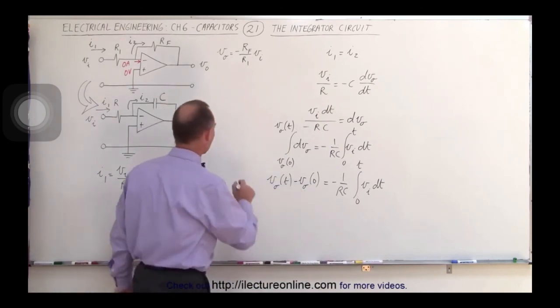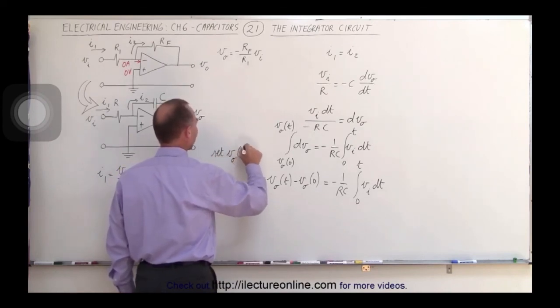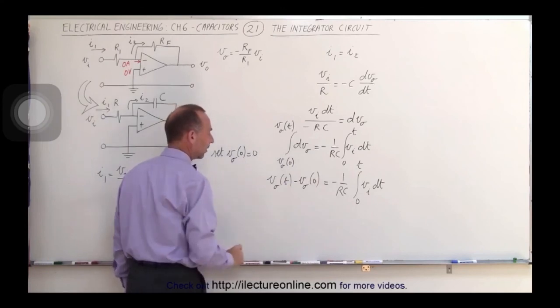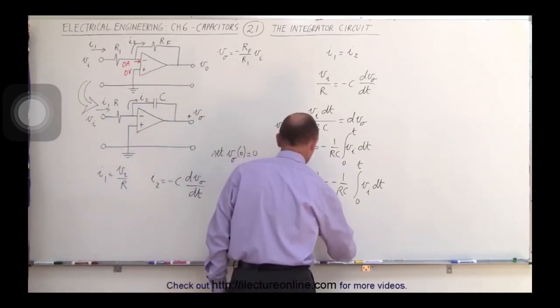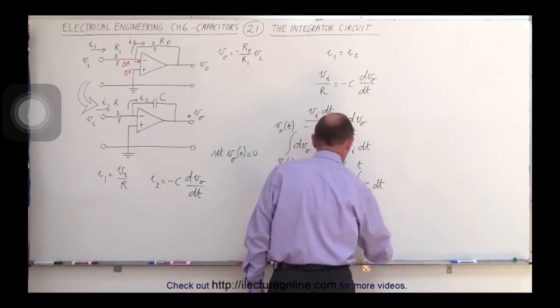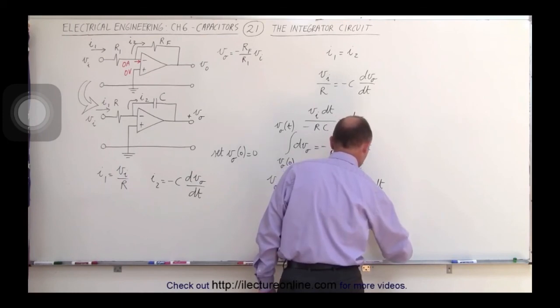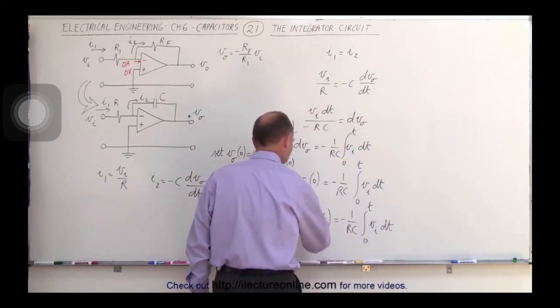We're going to set that equal to 0. So this disappears. And essentially we can then write that the output voltage as a function of time is equal to minus 1 over RC times the integral from 0 to t of the input voltage times dt. And that is the solution we were looking for.